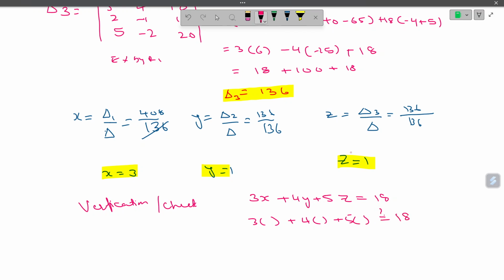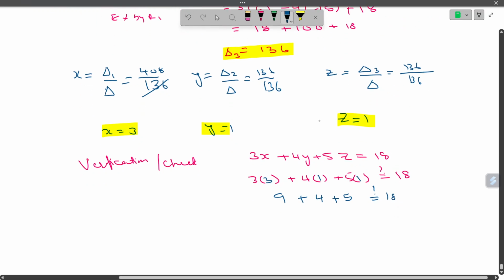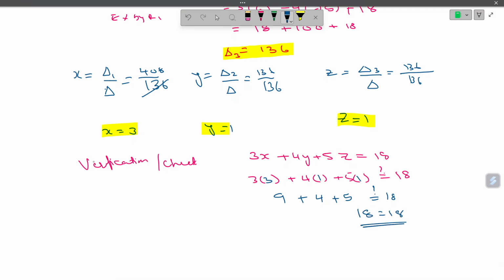Take x equal to 3 we got, y equal to 1, z equal to 1. 3 times 3 is 9, 4 times 1 is 4, 5. Is it equal to 18? 9 plus 4 is 13, plus 5 is 18. 18 equal to 18. Hence verified. That means we did right. X equal to 3, y equal to 1, z equal to 1.